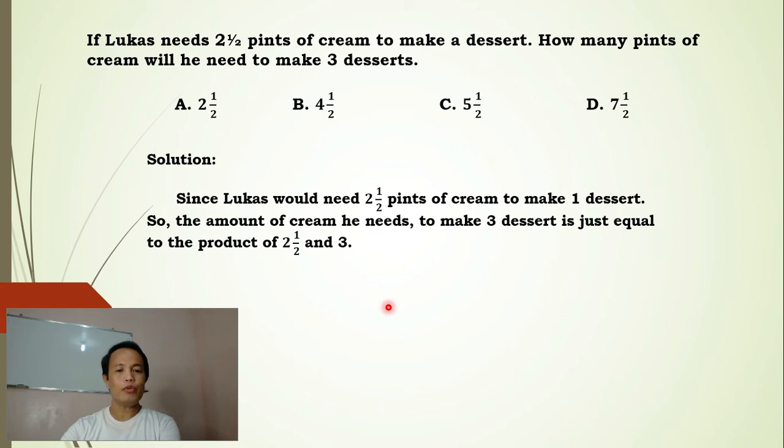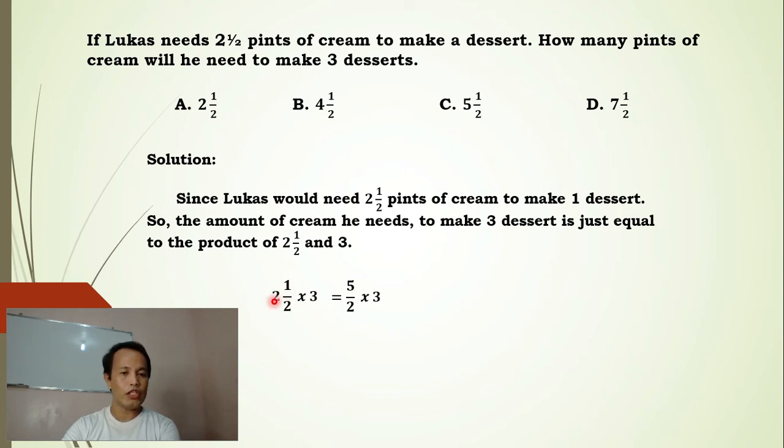In this case, we will just multiply. So we have 2.5 times 3. Since this is multiplication, we change 2.5 to an improper fraction. 2 times 2 is 4, plus 1 is 5.